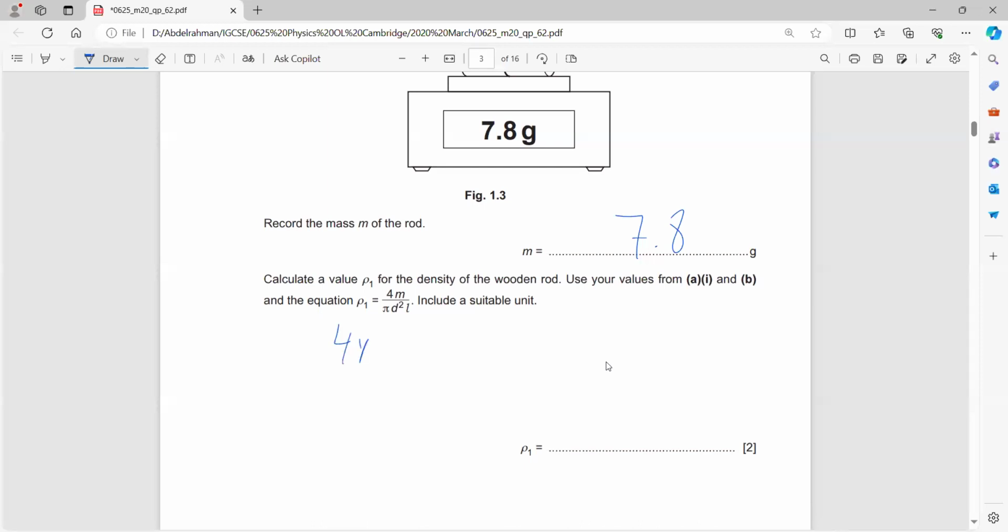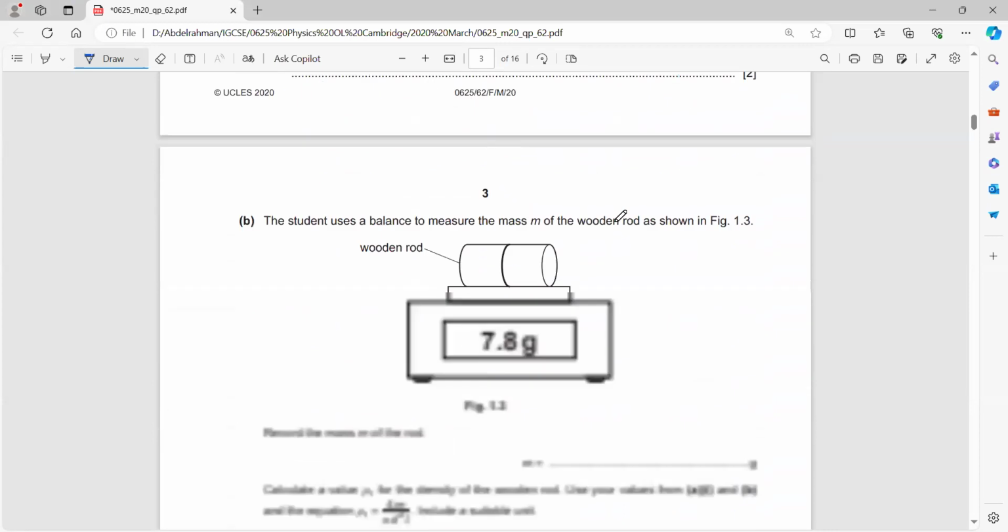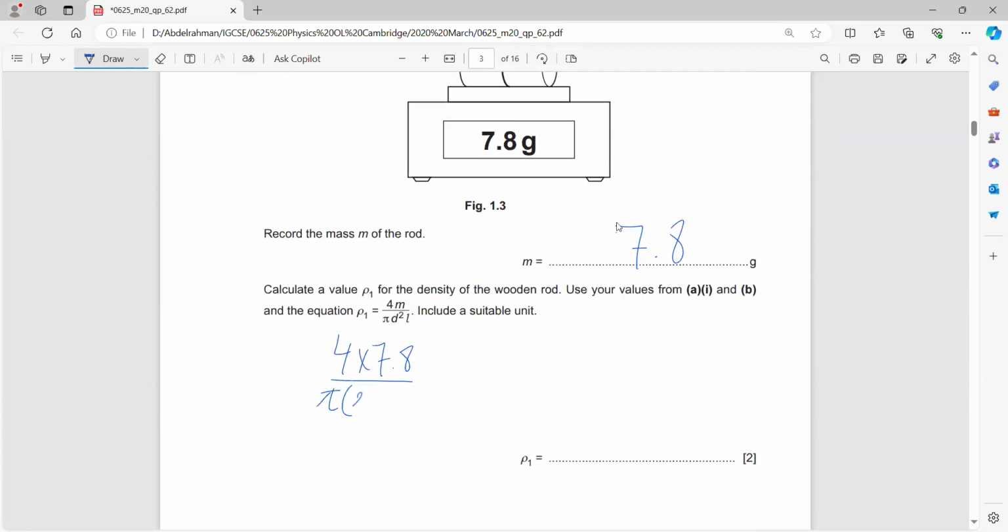4m, 4 times 7.8 over pi d squared. D was, I guess, 2.0 and L 4.5. So, times 2 squared times 4.5. Can someone help me out? It should be, I guess, around 0.55, if I'm not wrong.